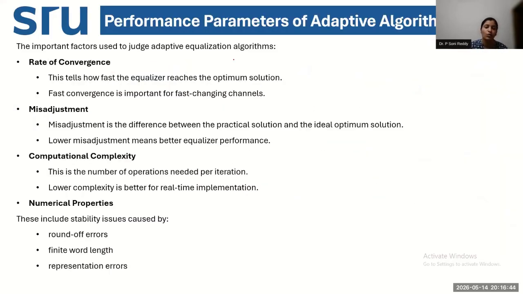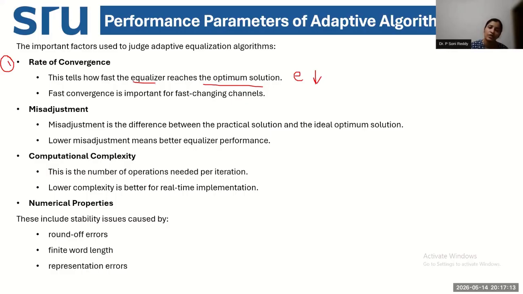Now, the performance of adaptive algorithms depends on certain parameters. These are the important parameters for judging how one algorithm is better than another. The first parameter is always the rate of convergence. Rate of convergence means how fast the equalizer can understand the channel and minimize the value of error. This is called convergence.